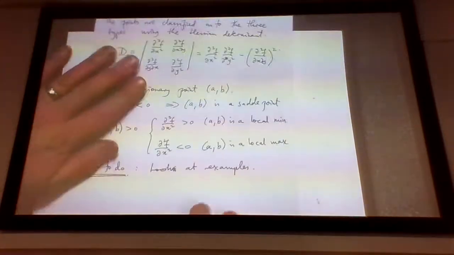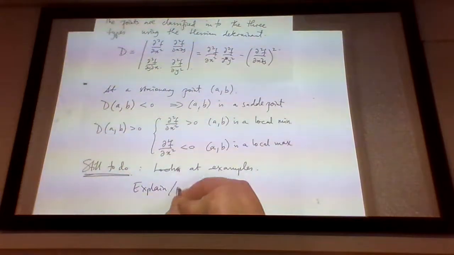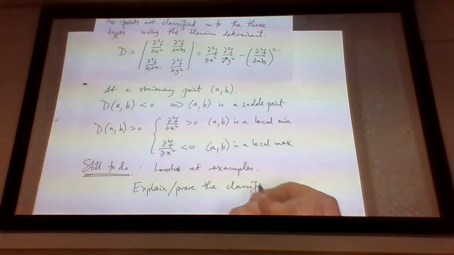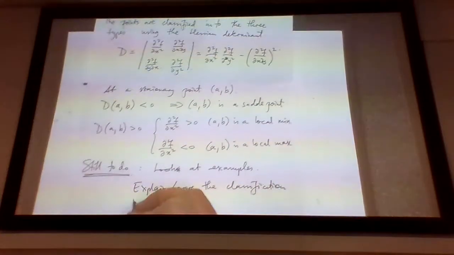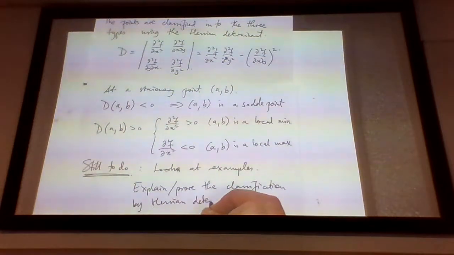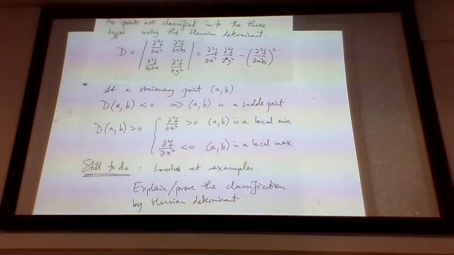The second thing to do is to explain or prove the classification by the Hessian determinant. So why is it that if the Hessian determinant is negative, we've got a saddle point, and if it's positive, we'll have a local minimum or maximum? There's some explanation to do there.